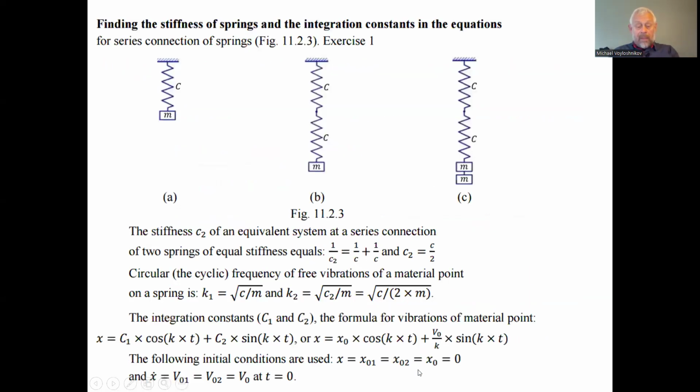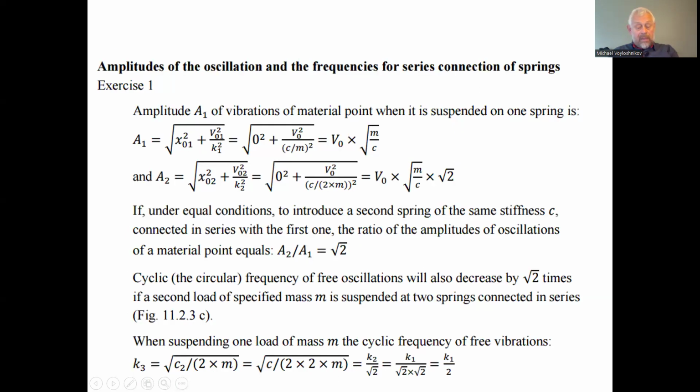So in the first case, we have the cyclic frequency which, compared to the original suspension with just one spring, for two springs with one load, reduces by the square root of 2 in the denominator. But if we apply the second load, this will be not K2, but K3. K3 is the cyclic frequency of the oscillation of two loads on two springs in series.